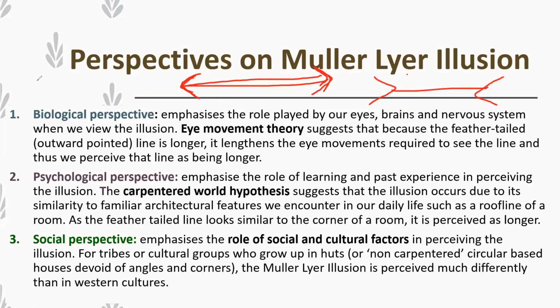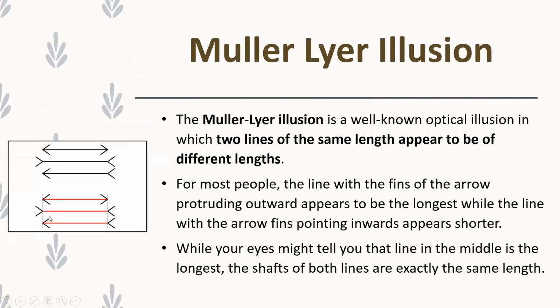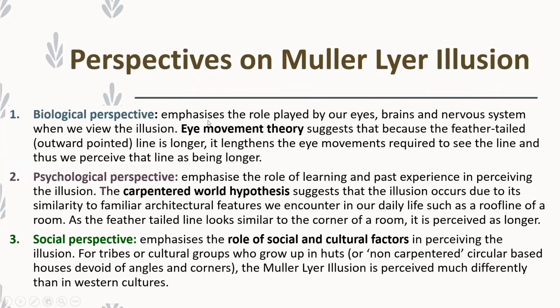So your eyes have to move a little bit more in order to see the entire image of line number 2, because the arrows are pointing outwards, and that tricks your brain into thinking that the line is longer. That's what we call the eye movement theory: your eyes have to move a little bit further to see the entire image when the wings of that line are stretched outwards.